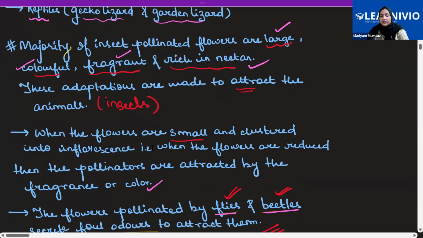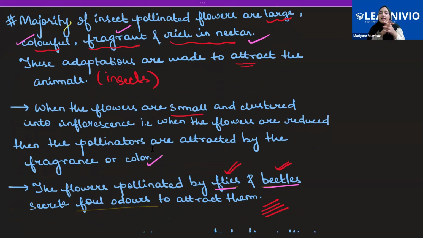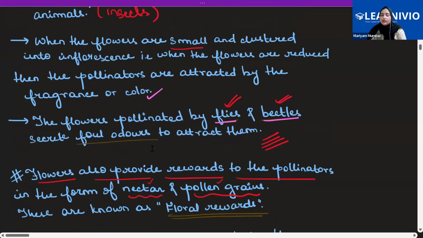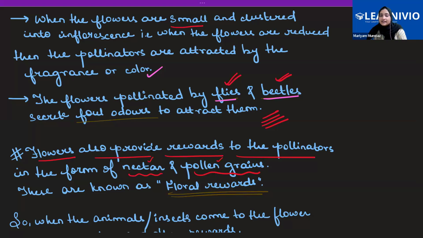Majorly, when the flowers are small in any plant, they'll be packed into a bunch, which we call an inflorescence. And then they will attract the insects by the fragrance or by the color. But one thing you should remember: for flies and beetles as pollinators, those plants do not emit fragrance.